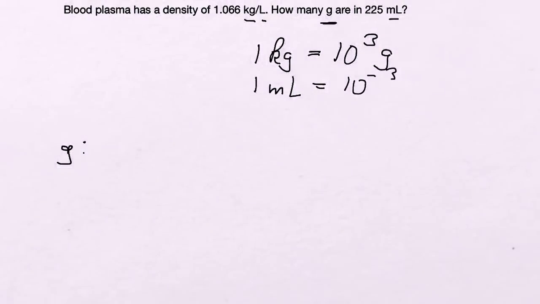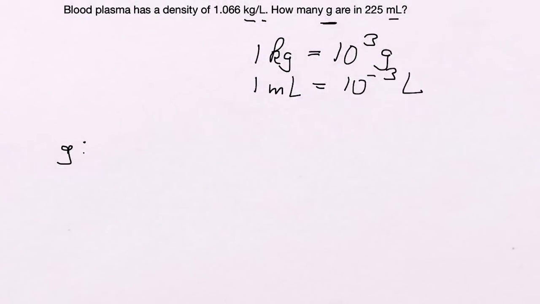So we know that 1 kilogram equals 10 to the 3 gram. We know that 1 milliliter equals 10 to the minus 3 liter.